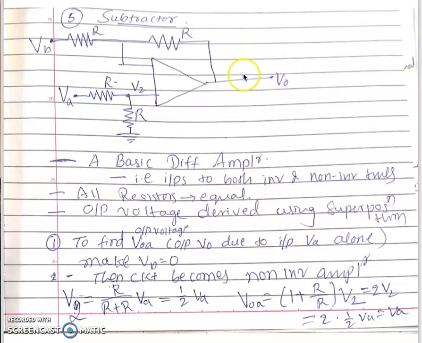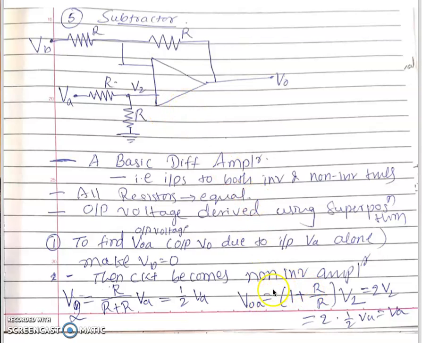So when only VA is acting and VB is made equal to 0, or shorted to ground, how does the circuit appear? Then only VA is applied, meaning only V2 exists at the non-inverting terminal, and at that time, when V2 is applied to the non-inverting terminal and the inverting side is grounded, we see the circuit as a non-inverting amplifier.